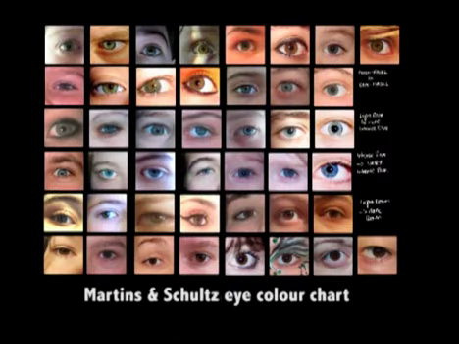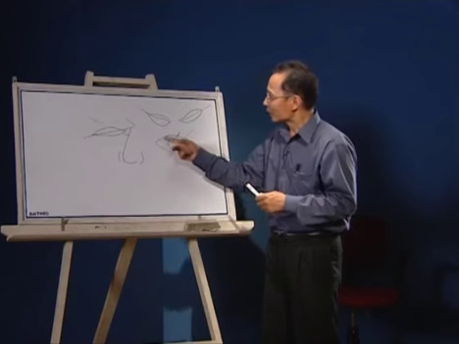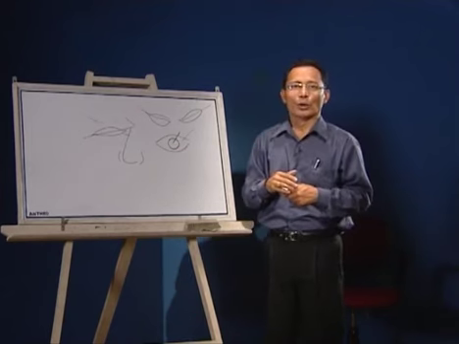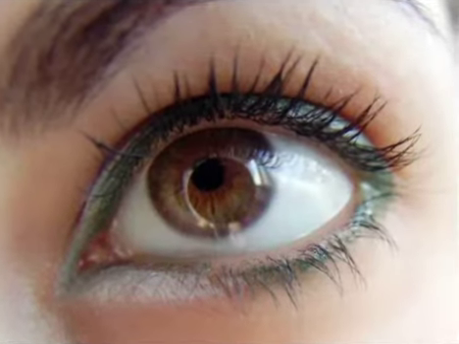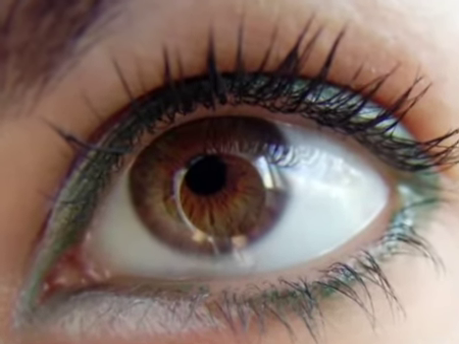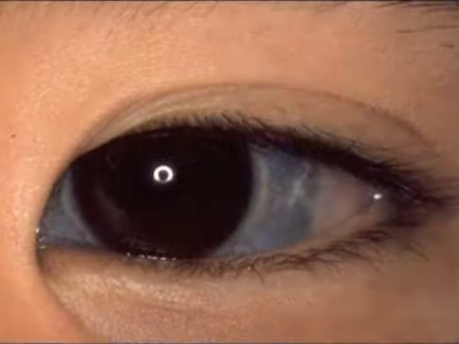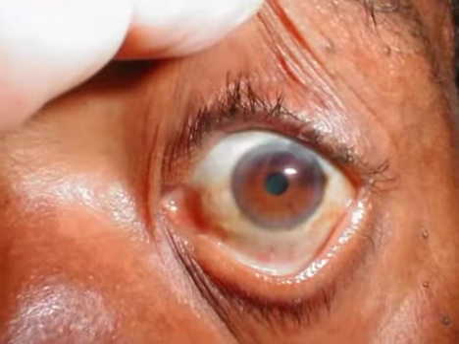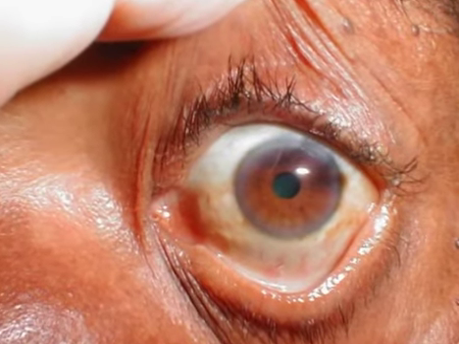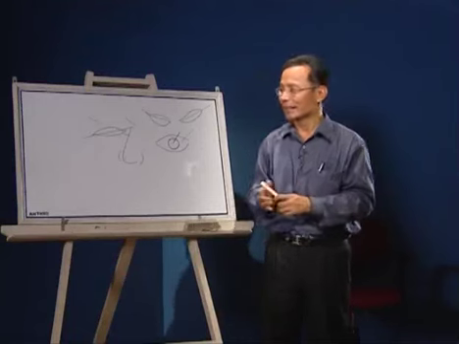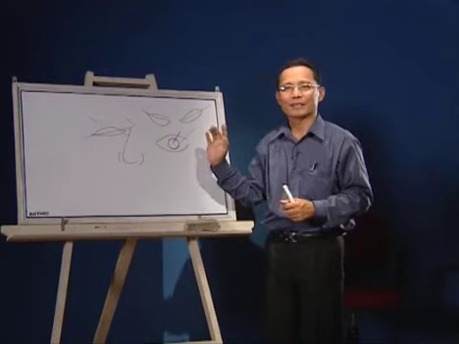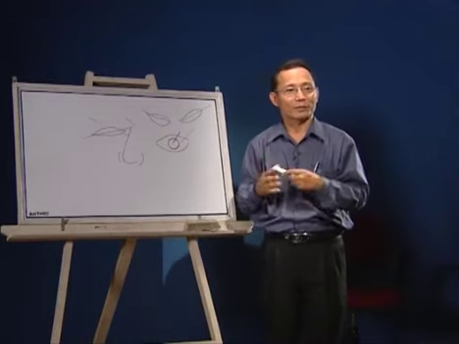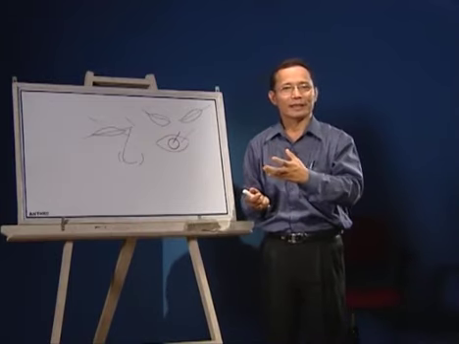So following Martin's scheme, we have these varieties of iris color. For sclera, we have clear sclera, very clear, then hazy colored sclera and speckled sclera. So these are the three colors of sclera that we can observe in the human eye.